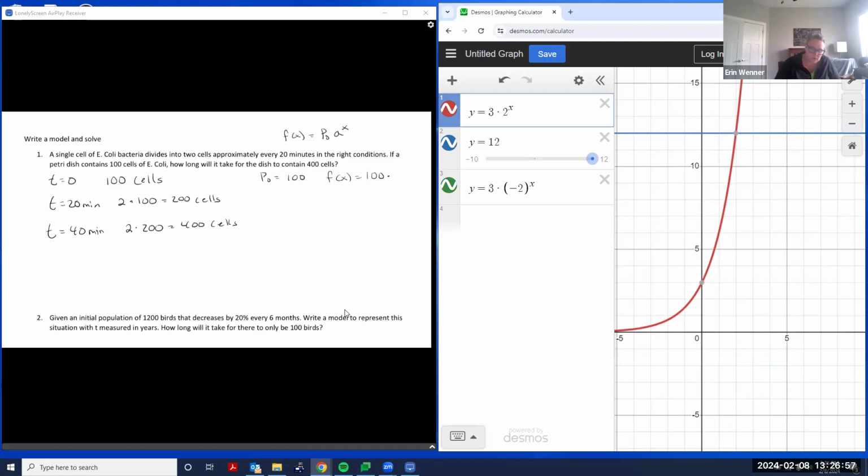So that's where we can also think about using this formula, because that formula takes into consideration k, the number of compounding periods within your chosen unit of time. So if it's compounding every 20 minutes, 20 minutes is 1/3 of an hour. So the population is compounding 3 times an hour.